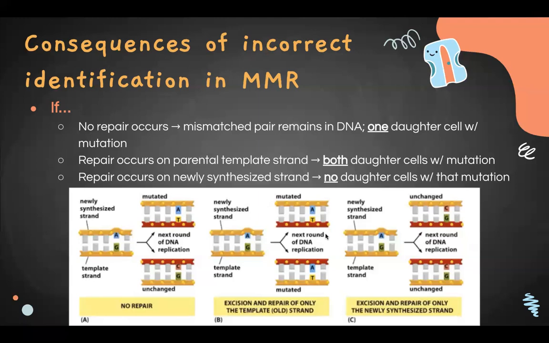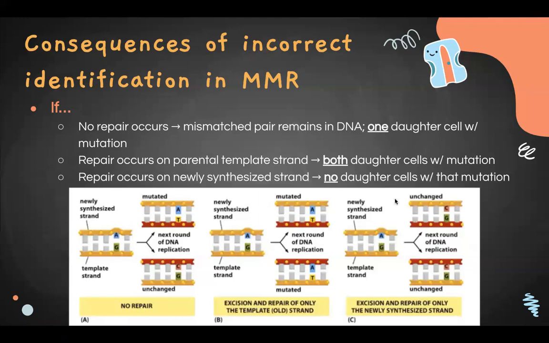It will end up affecting both cells that come out of the next round of DNA replication, as they will both have the wrong AT pair instead of GC.